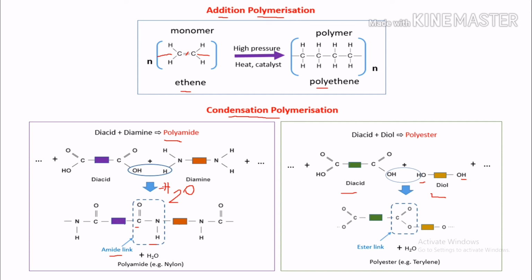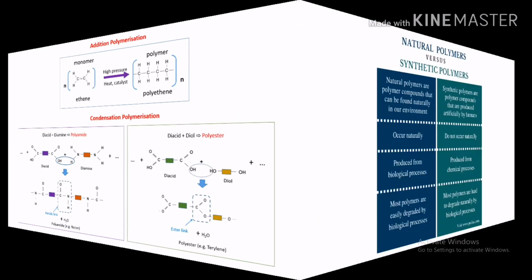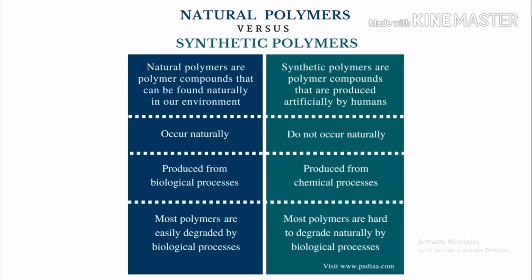By making a condensation reaction, an elimination reaction, we remove one molecule of water, minus H2O. By removing H2O, we form the ester linkage. You must know the name of the ester linkage. You must know how we can form an ester linkage in polyesters.